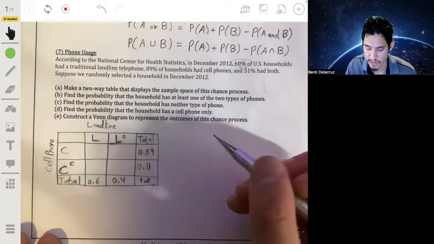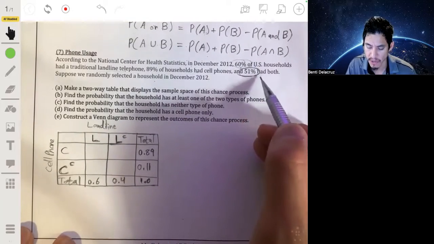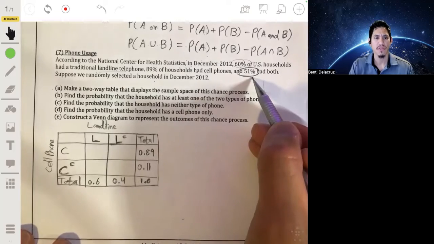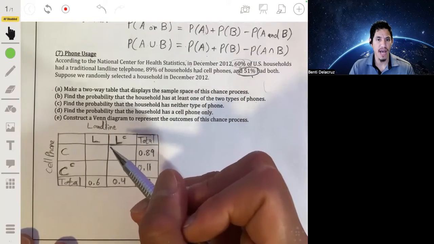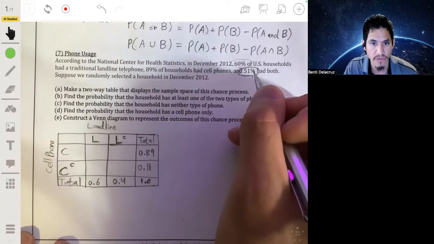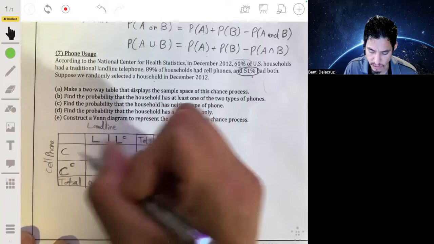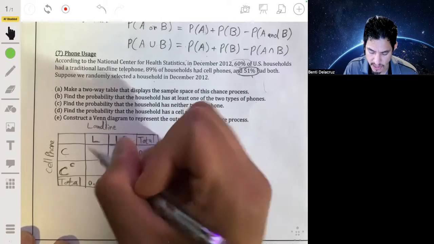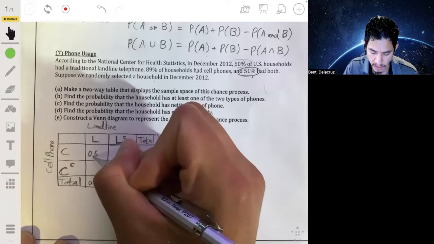Now let's see what else I'm given to help me figure this out. Here it says 51% had both. So we look for the box that corresponds to having both a landline and a cell phone and put 0.51 in there. So the intersection of landline and cell phone would be right here. This box represents that they have a landline and a cell phone. So that would be 0.51.